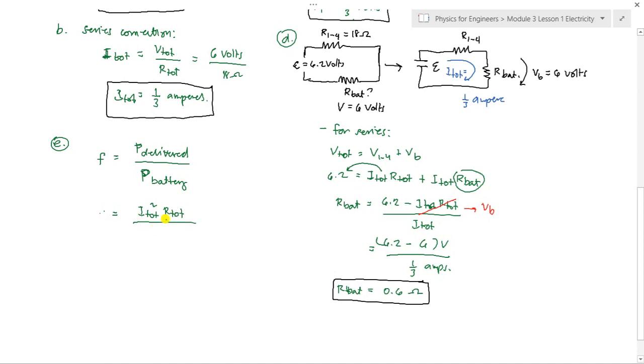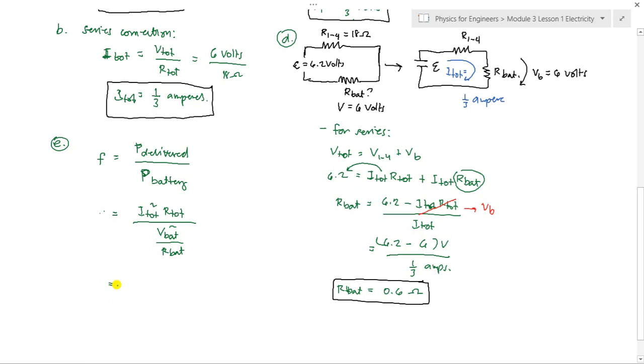That is the power delivered to the four resistors. The power of the battery is just equal to the voltage of the battery squared all over the resistance of the battery.